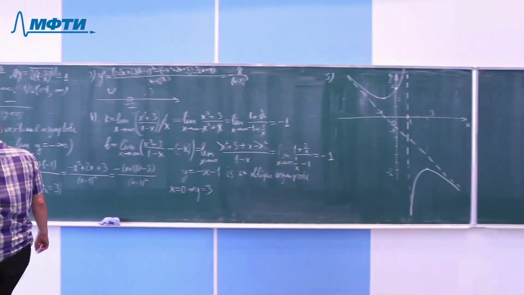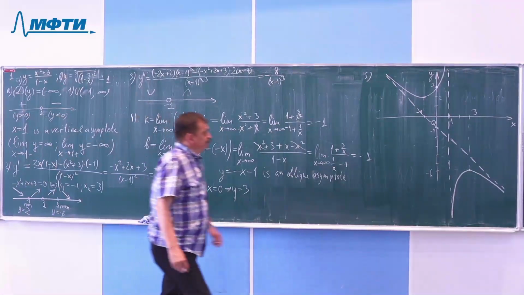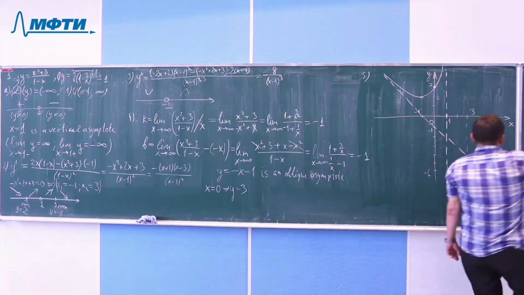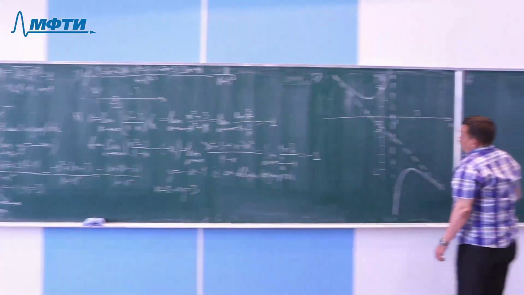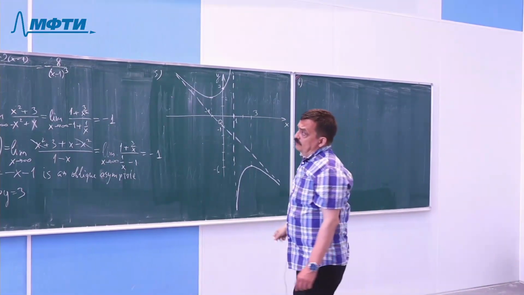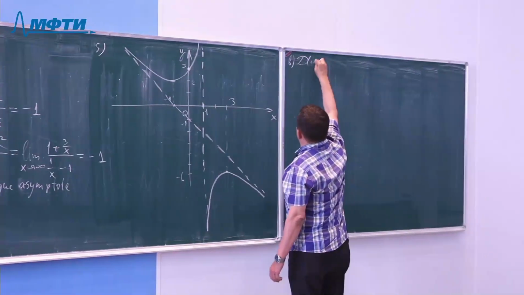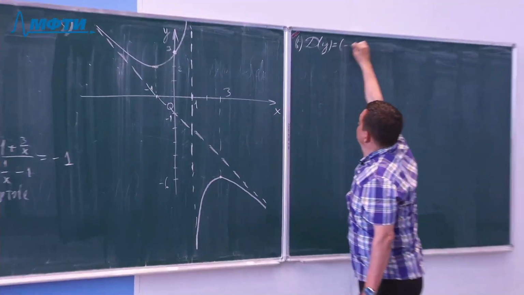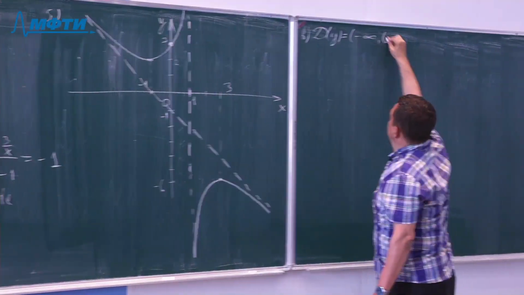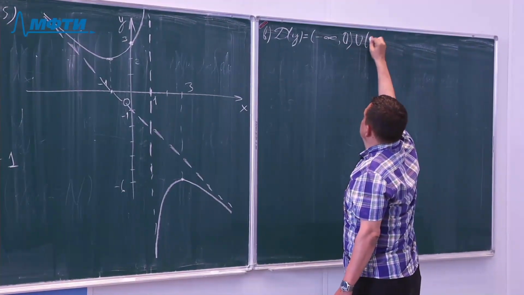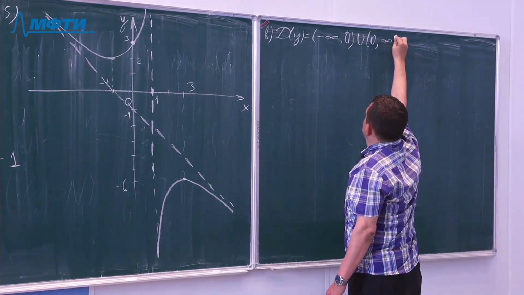Okay, now for B, here the domain of y, once again we need to exclude only 0, right?